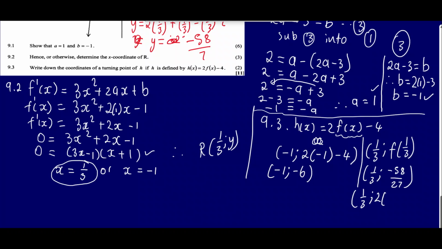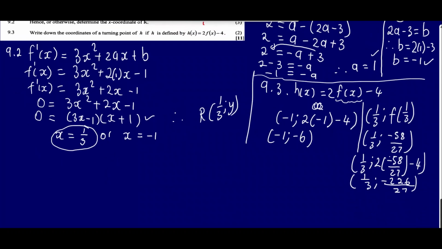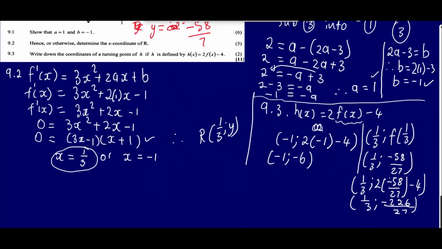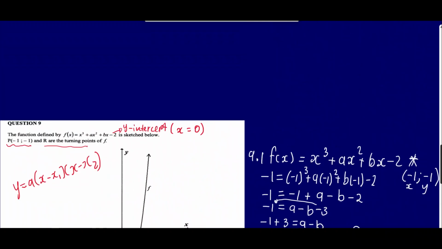So the transformed one, the x stays the same, but now we're just going to say 2 times that y coordinate, 58/27 over 27, and then minus 4, and the final answer is going to be 1/3 with 2 times that minus 4. You're going to get -226/27. And I think that's perfectly fine there with that question.